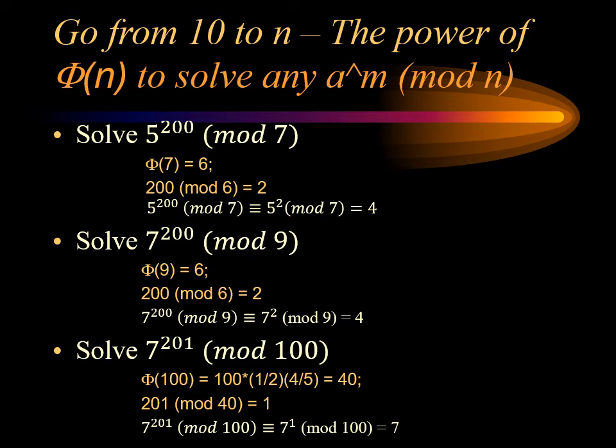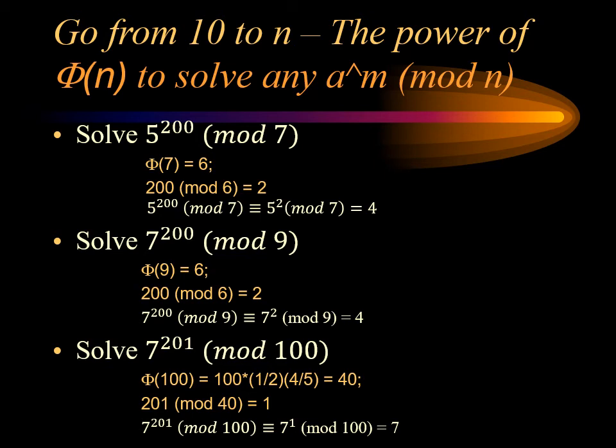The first step is looking at the base itself and seeing whether you can reduce it to the smallest possible number. In this case, when you look at 5 with mod 7, you don't have to do anything because it's already below 7.